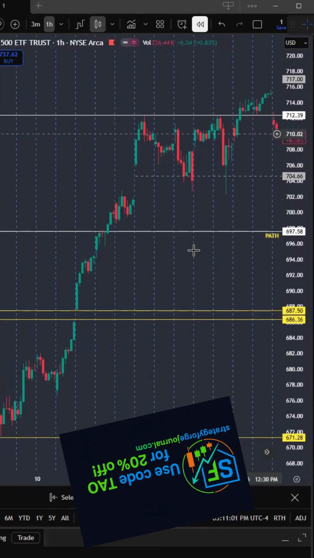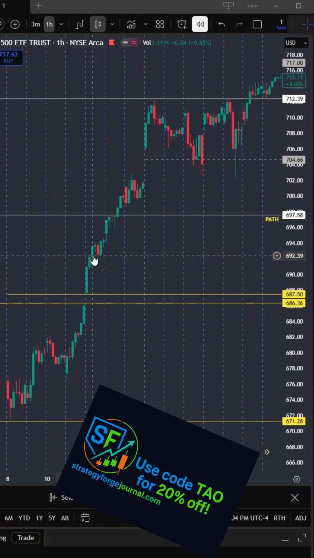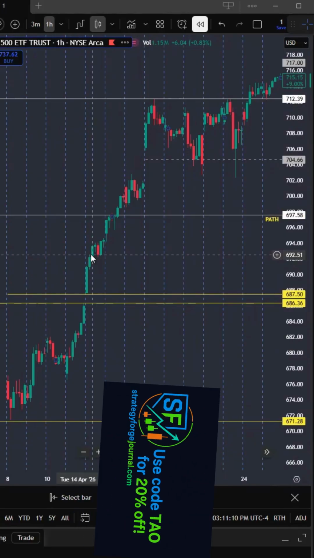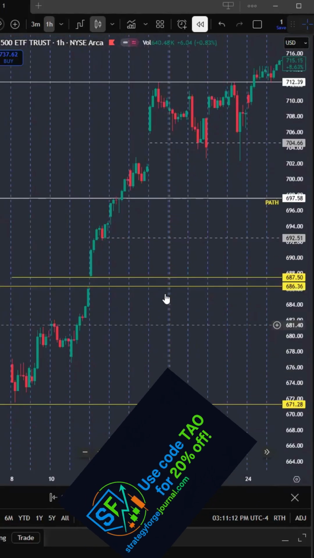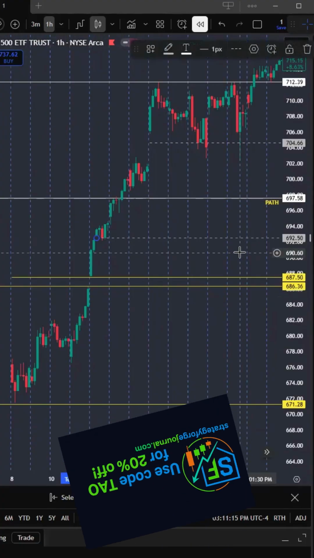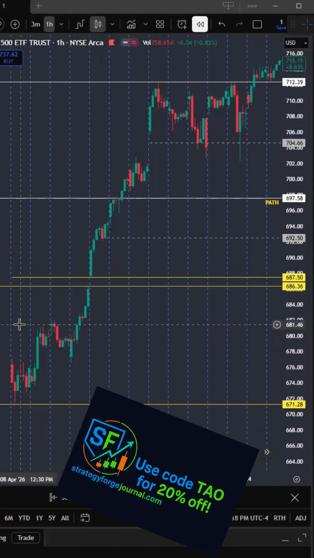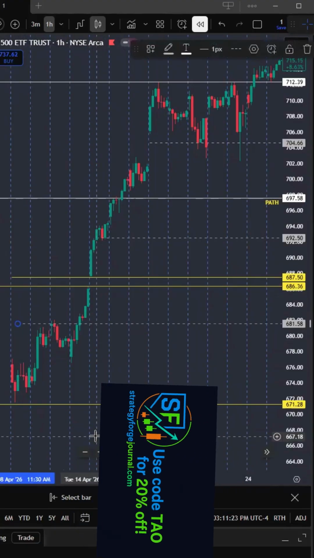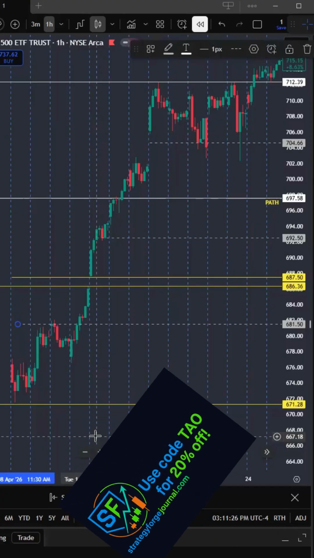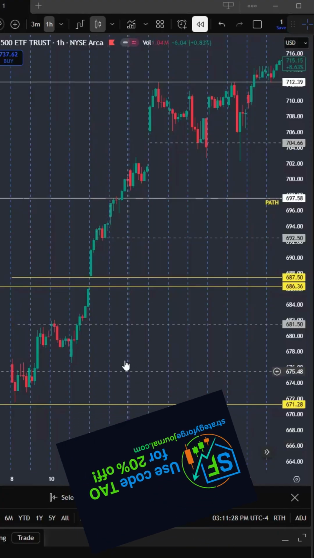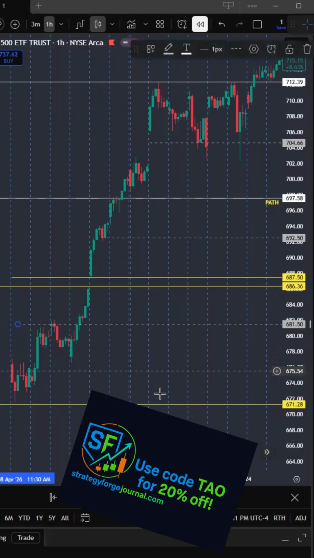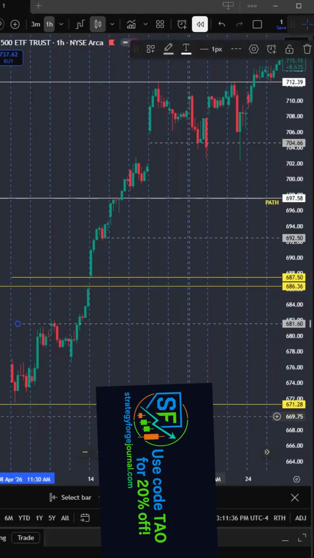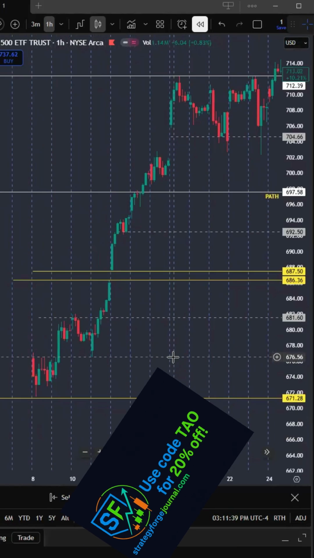I mean, that would be plenty of levels for now for the current trading day, but we'll continue to go down and find more. 692.50. 681.50. It might be a little higher. Go 681.60 on that one.